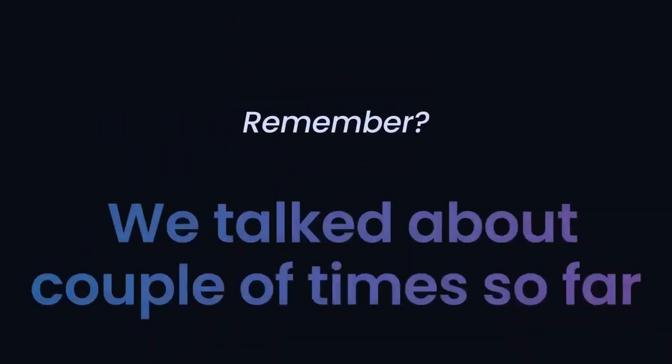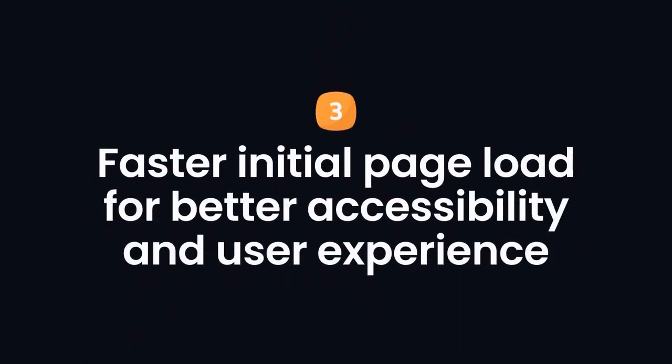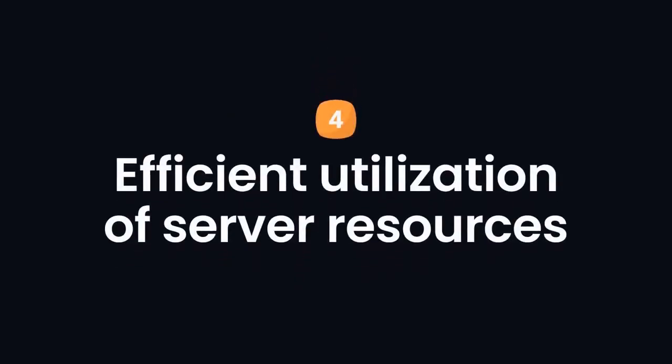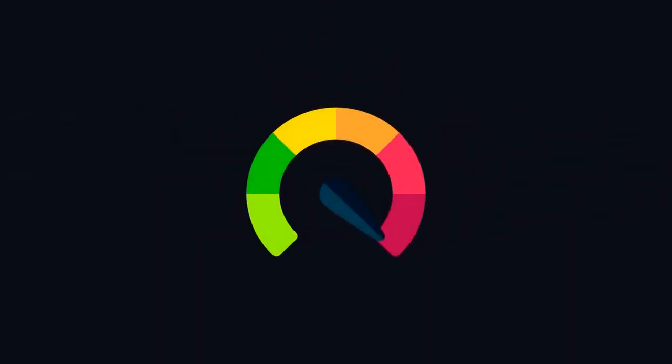Remember? We talked about that a couple of times so far. Faster initial page load for better accessibility and user experience. Users can see the content more quickly, leading to a smoother browsing experience. Efficient utilization of server resources. By fetching data closer to the server, the time required to retrieve the data is reduced, resulting in improved performance.